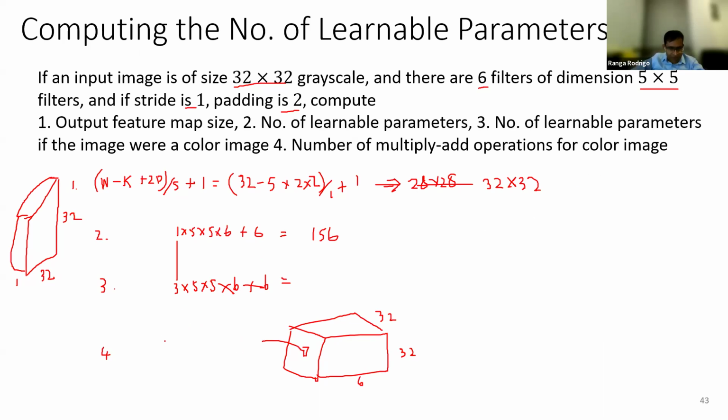Each of the convolutions will cost you 3 times 5 times 5 multiplications. And then you have to multiply that with 6 times 32 by 32.